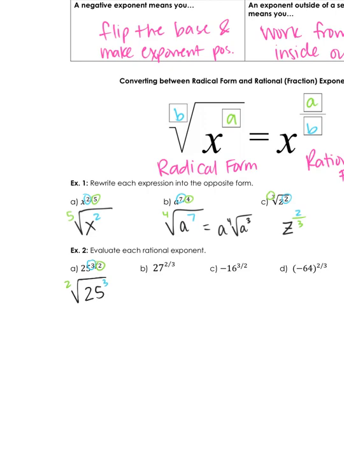We don't always write the 2. You don't have to. But another way to write this, you can also write the radical with the exponent on the outside, because in this case, we know what the square root of 25 is. That's one of our easy ones. That's a 5. And then I can take that to the power of 3, which will give me 125.